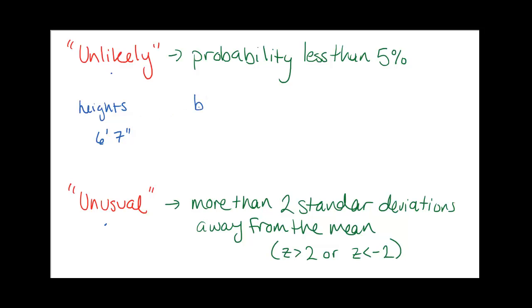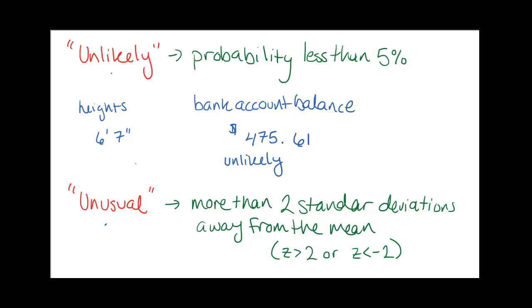Similarly, if we have a bank account balance that's exactly $475.61, say, this could be considered an unlikely bank account balance, because this is a very specific number.